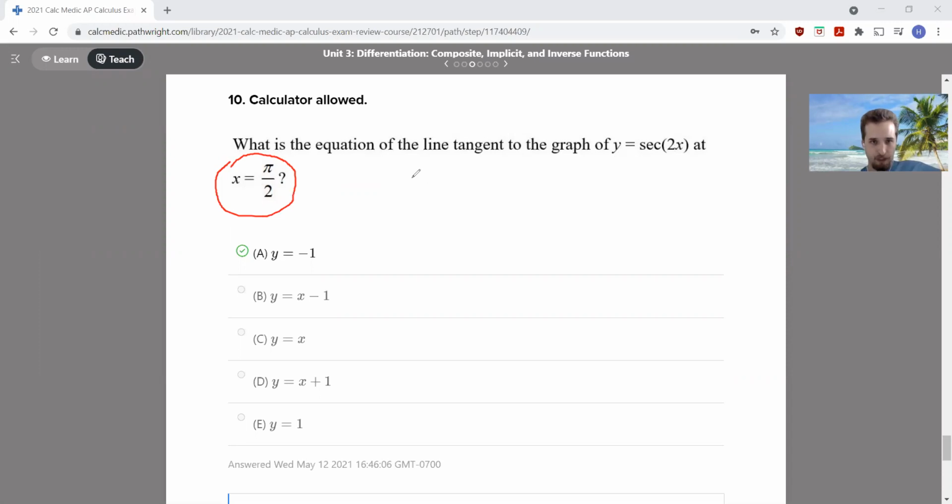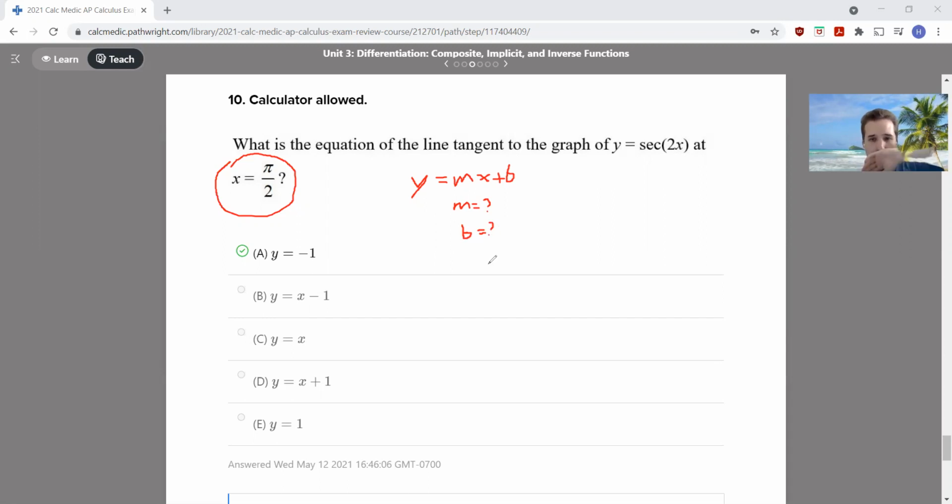Well, a tangent line is going to be a straight line, so it's going to be y equals mx plus b. That's going to be our answer of some form, y equals mx plus b. So all we need to do is find out what m is and what b is.